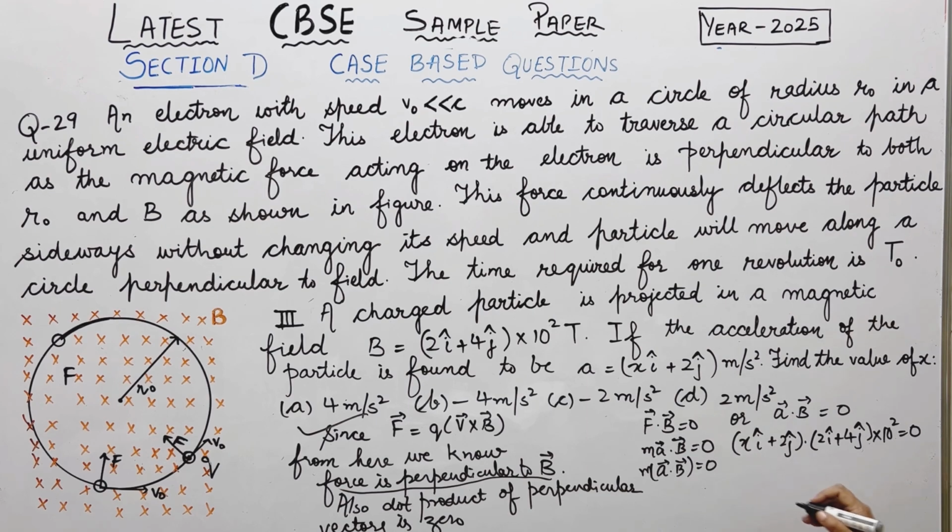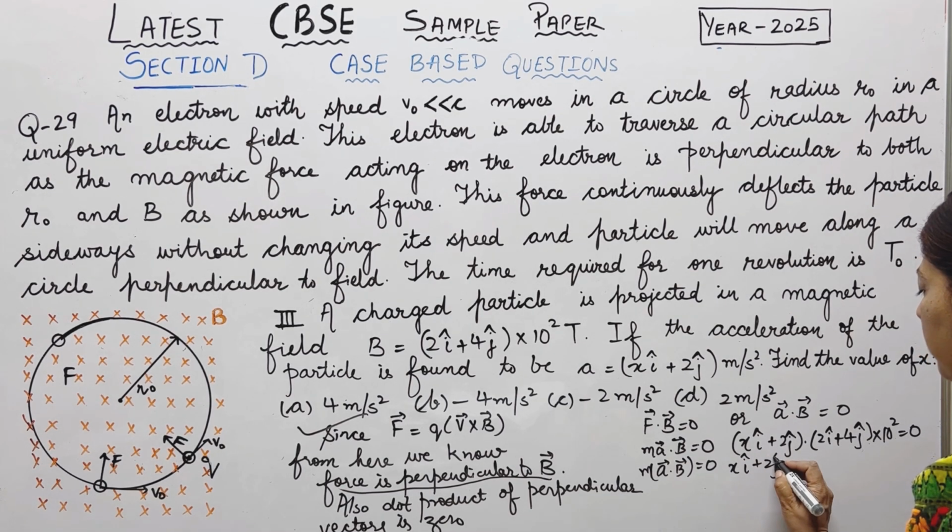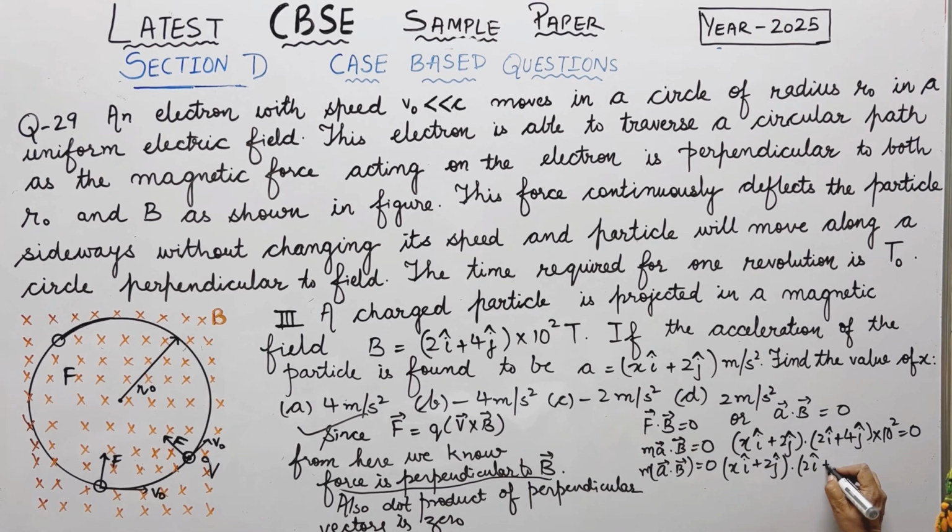So (x i cap plus 2j cap) dot (2i cap plus 4j cap) is equal to 0. So i dot i will become 1, giving 2x; i dot j will be 0, j dot i again 0, plus 8 for j dot j. So this is equal to 0, or x comes out to be equal to minus 8 by 2, that is minus 4.